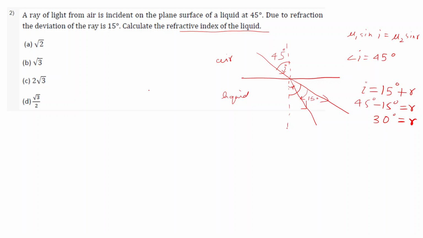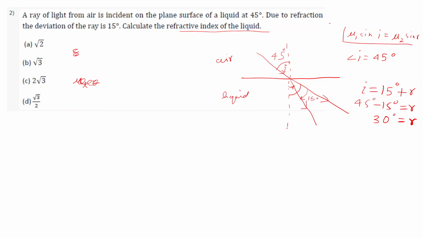Now we have to find out the refractive index of the liquid. So the refractive index of a medium, as I said, is given by, okay, here velocity is not given, so we'll use Snell's law that I told here.